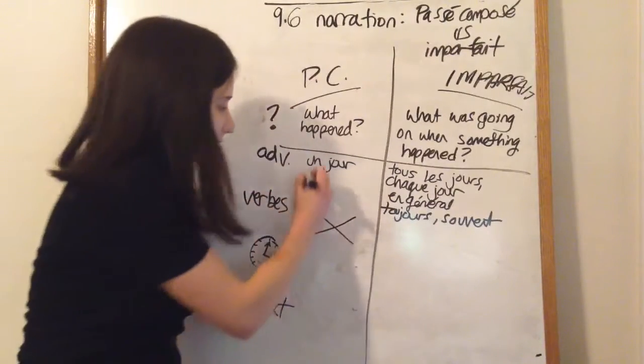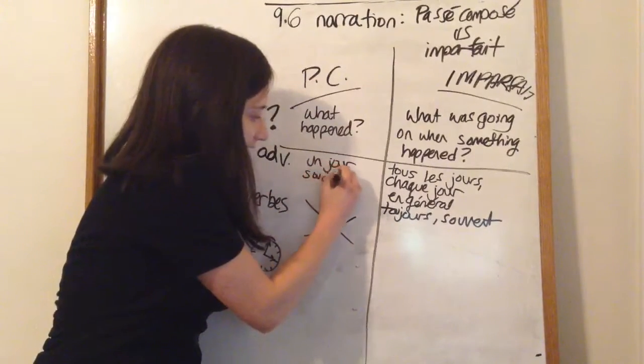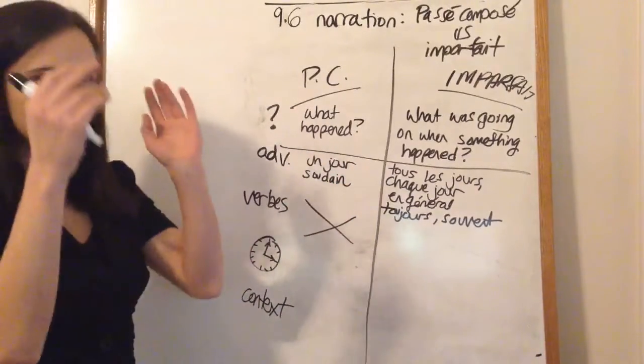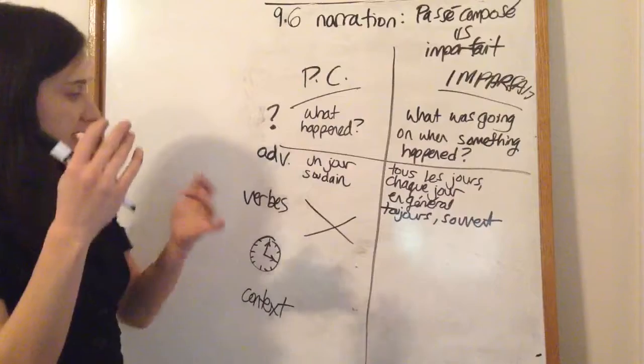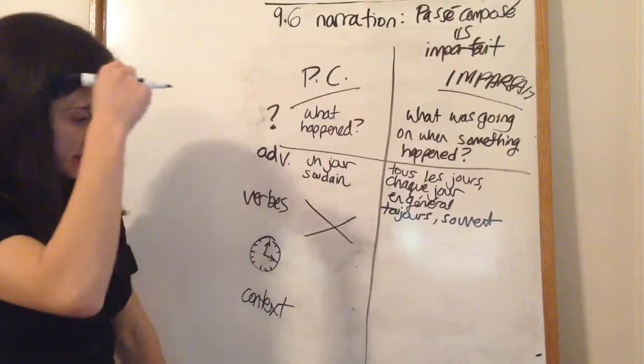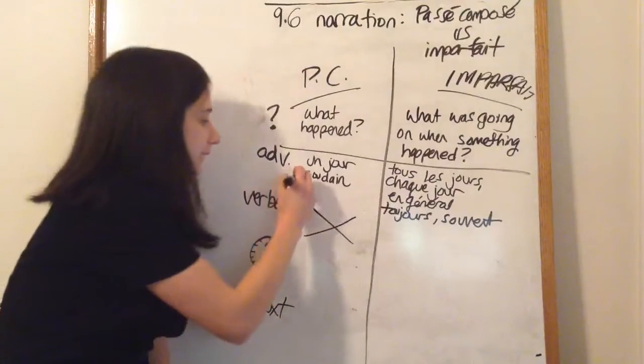So we have soudain, suddenly, okay? Brusquement, like abruptly, it's interrupting here, brusquely. Tout d'un coup, all of a sudden, tout à coup, I'll write that there.